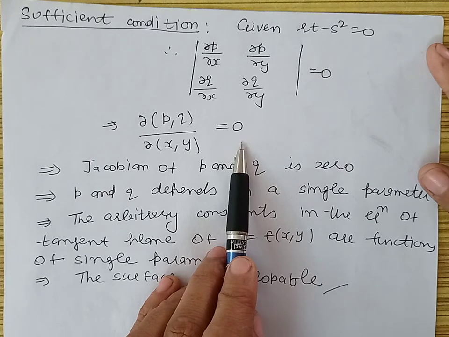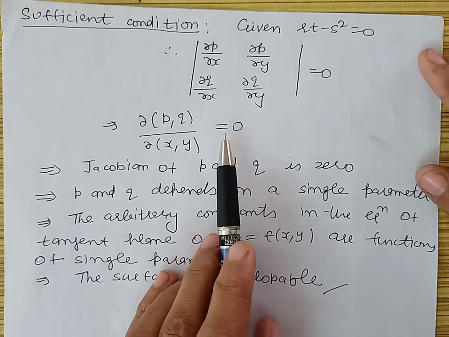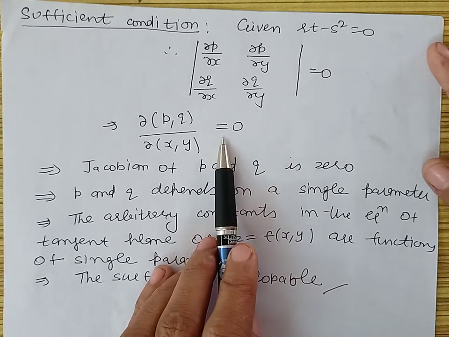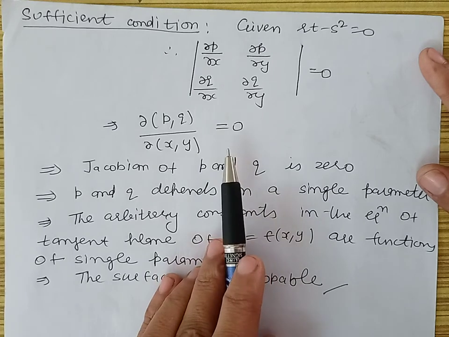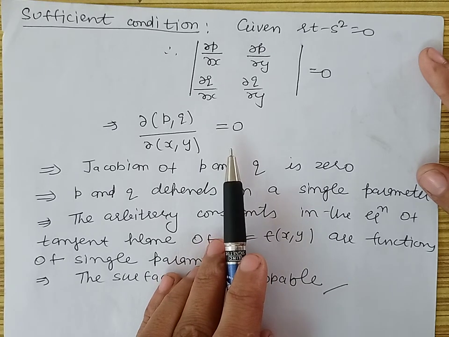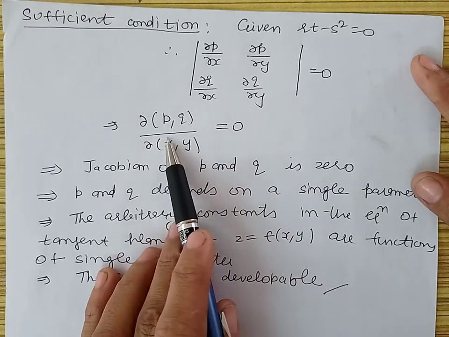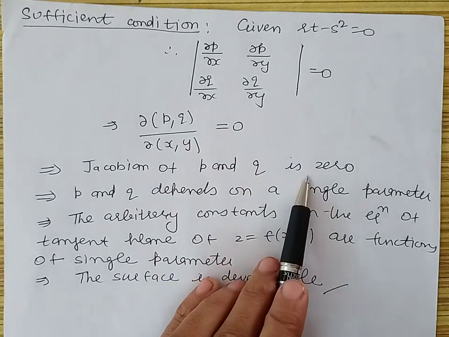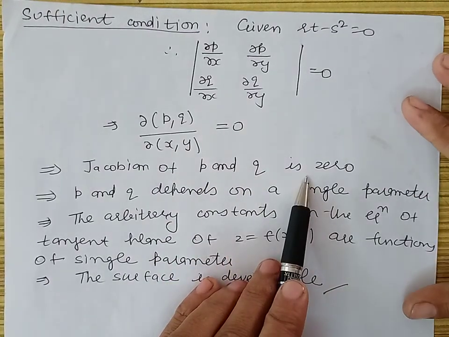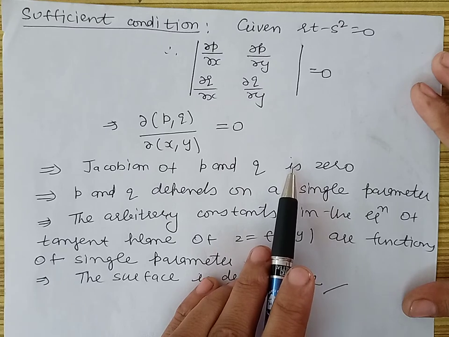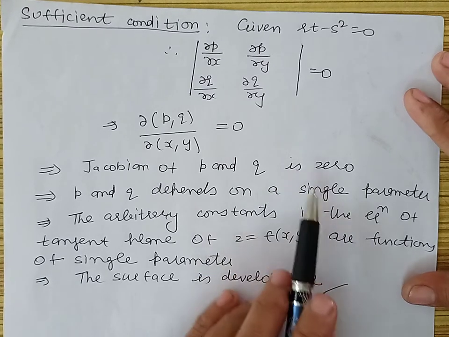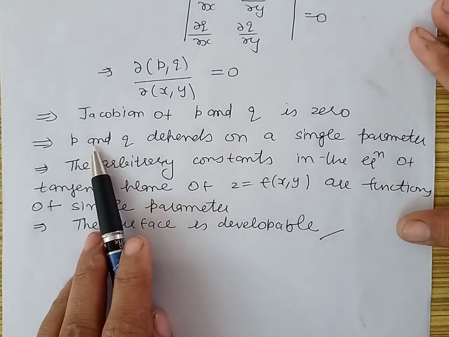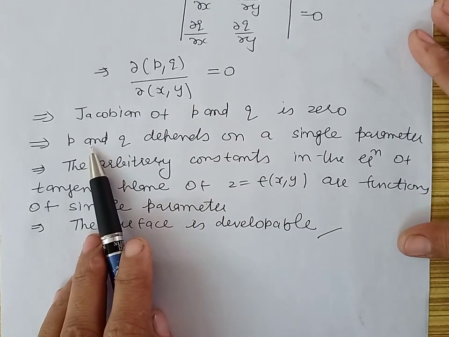And we have already discussed that if the Jacobian of two functions with respect to two variables becomes 0, then there exists a functional relation between those functions. So here, because the Jacobian of P and Q is 0, we can say that P and Q have a relation between them, or that P and Q depend on a single parameter.